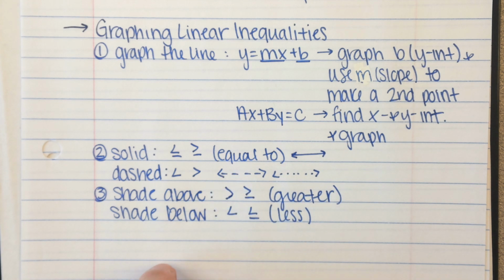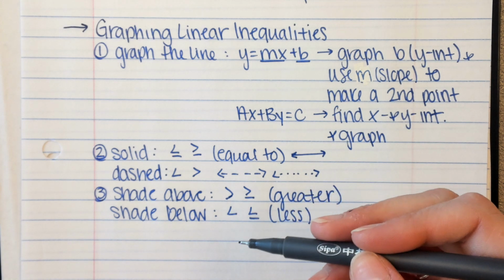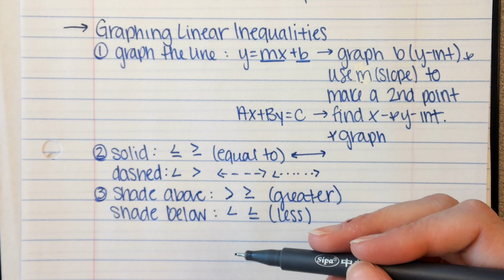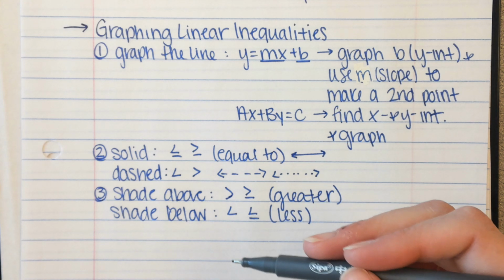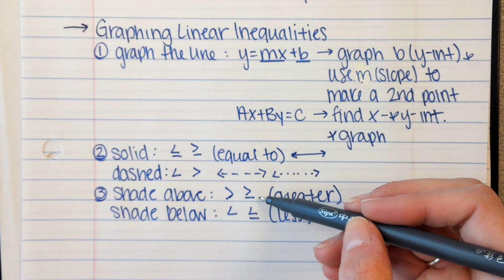Okay? After you get your line graph, you have to decide where to shade, because when we're talking about inequalities, you have a lot of values above or below. So on the number line, we drew our arrows left or right. On a graph with an x and y axis, a coordinate plane, you're going to shade above or below the line. So you're going to shade above if it's greater or greater than or equal to.